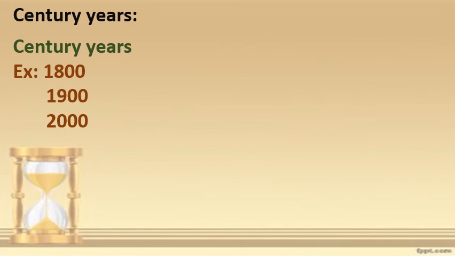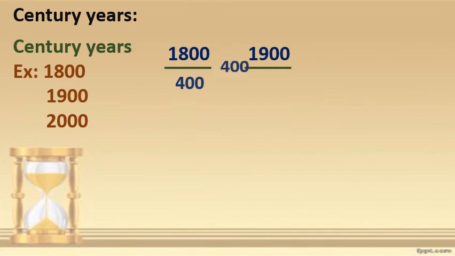We have to divide these century years by 400. Okay, not by 4, by 400. We will divide all these three. Now I will write 1800 divided by 400 because we are finding out about the century years. So I am dividing this by 400.